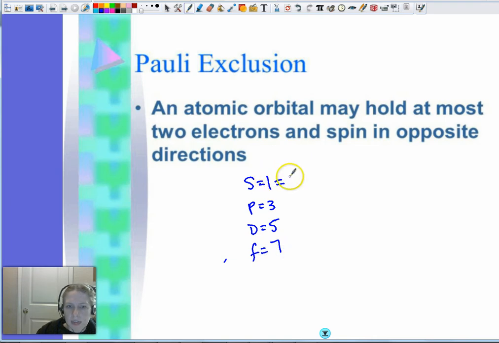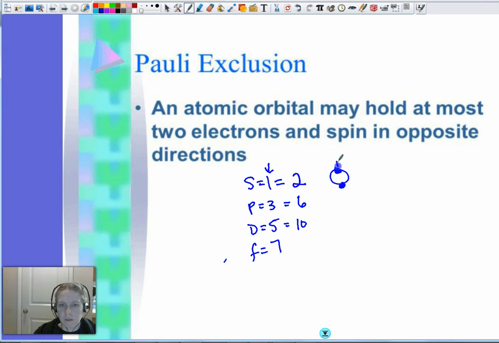So the reason that I was multiplying by 2 is because each one of these can hold 2 electrons. So 3 orbitals can hold 6 electrons. 5 orbitals can hold 10 because we can have 2 in each orbital spinning in opposite directions.